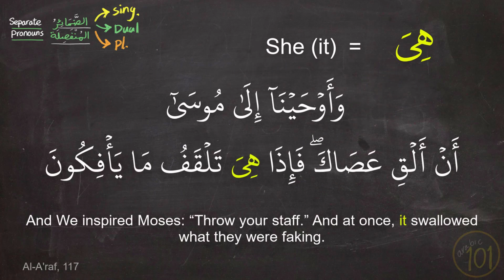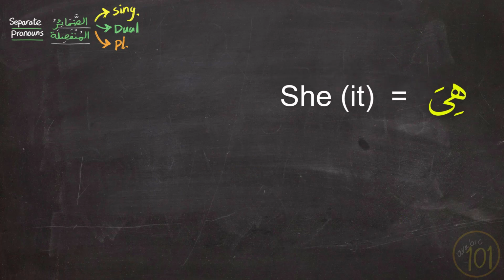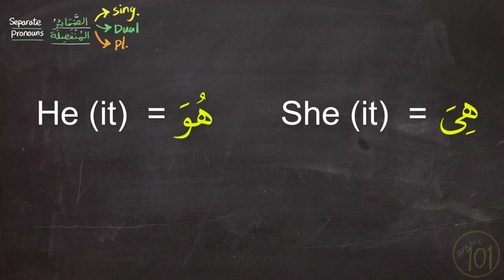وَأَوْحَيْنَا إِلَى مُوسَىٰ أَنْ أَلْقِ عَصَاكَ فَإِذَا هِيَ تَلْقَفُ مَا يَأْفِكُونَ. And here I have to talk about one of the common mistakes in pronouncing huwa and hiya, which is that when stopping at them, you should not pronounce the fatha on top of the waw or the ya.